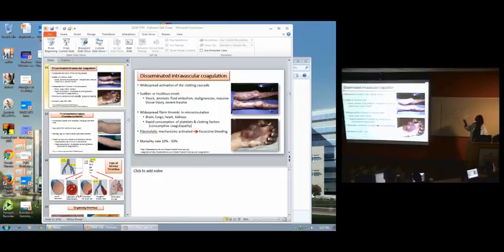You can see this individual who has multiple ones on the leg, and obviously they can occlude and cause infarction, and ultimately gangrene of the fingers. You can have them in the brain, the heart, the lungs, and the kidneys.